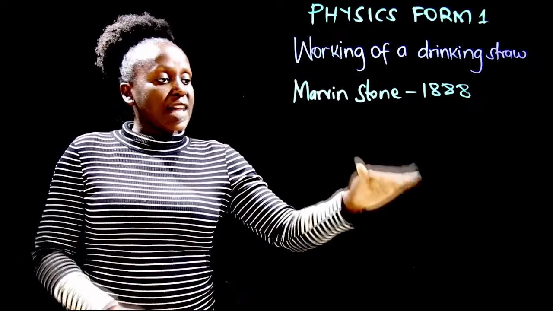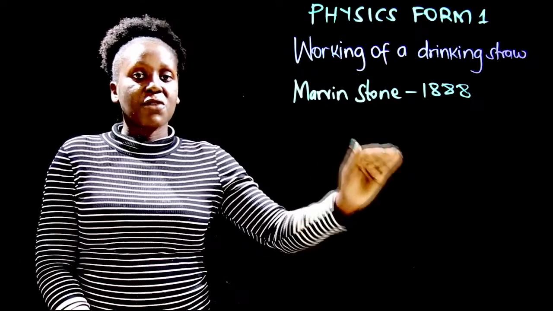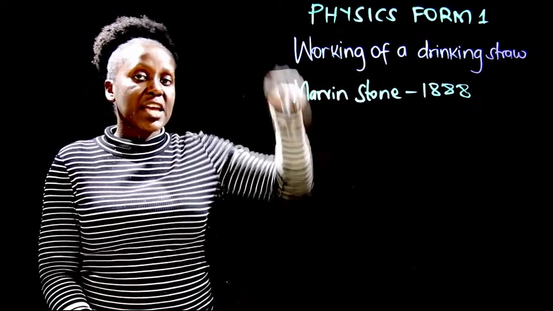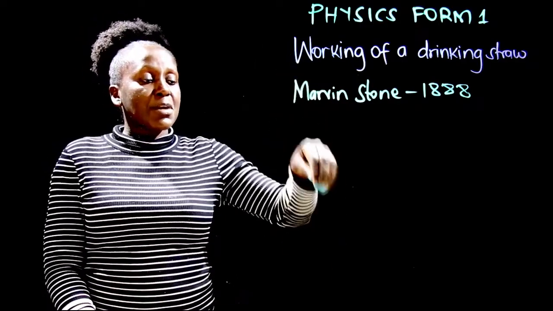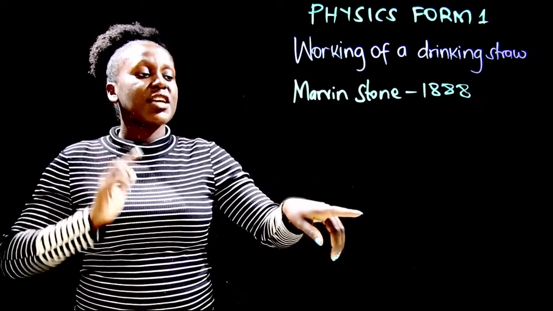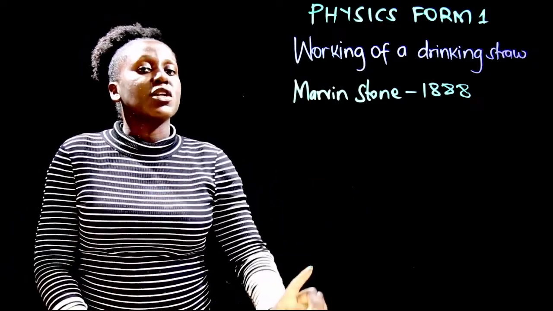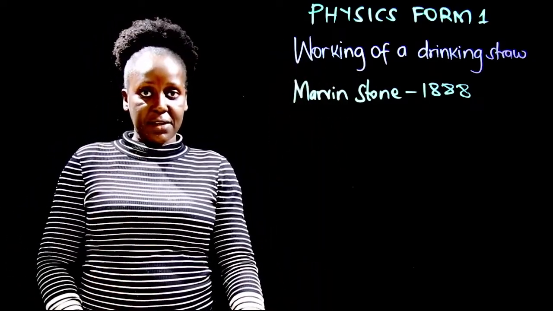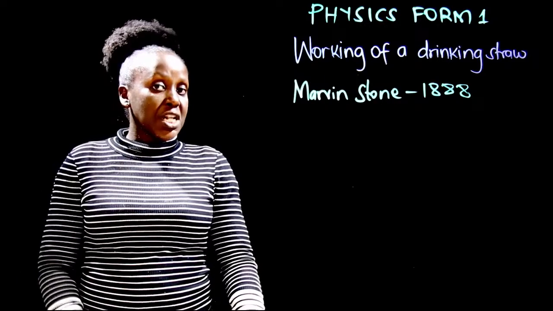Now, since on the surface of the drink there is atmospheric pressure pushing the drink inwards, and since the drink is looking for an escape, it will go up the straw because a vacuum has been created. So, pressure difference again.